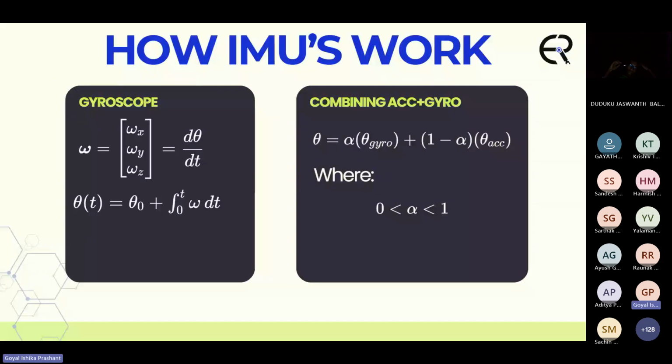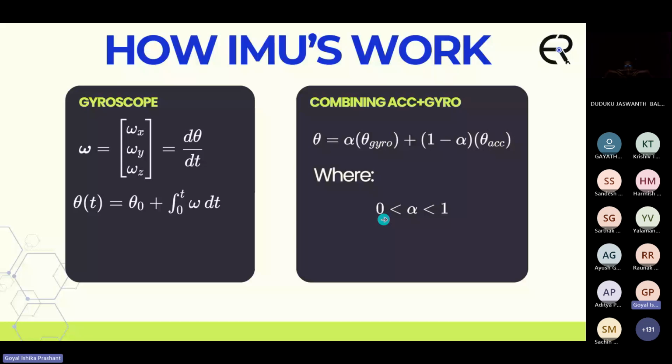Then we have the gyroscope. This is used to measure the angular velocity, and this will be equal to the rate of change of angle that the wheel has rotated by. And then theta can be calculated by integrating omega with time. Now, how do we combine the readings of the accelerometer and the gyroscope? So we basically make use of both the angles and we multiply them with a factor of alpha, where alpha can range from 0 to 1.